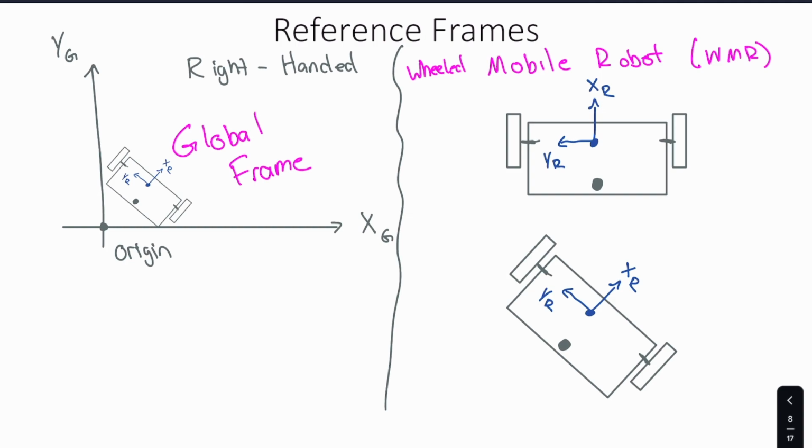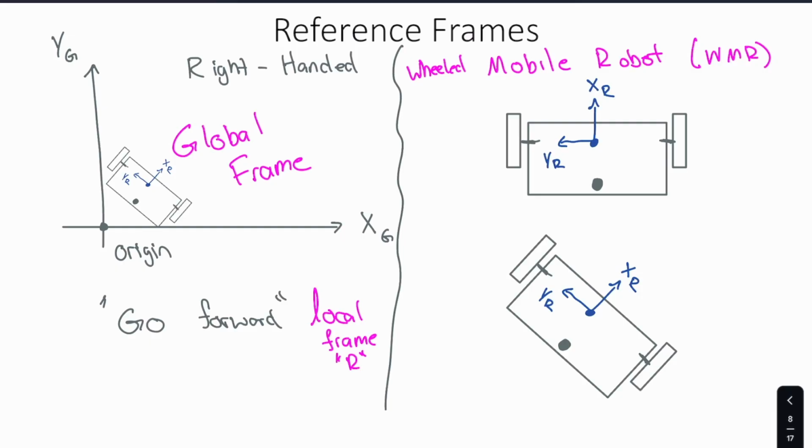We could say go forward, and we would clearly want to do that in the local frame. It's much easier to say go forward, which is equivalent to just saying travel in the X_R direction.